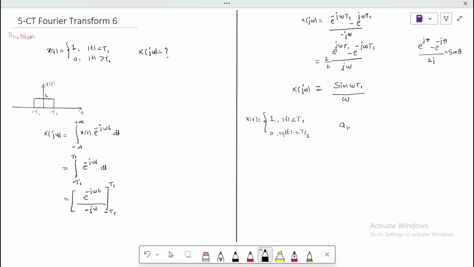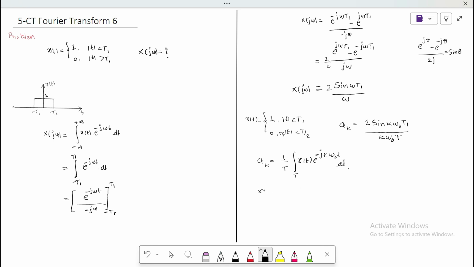For that, we got ak equal to 2 sine k omega naught t1 by k omega naught T. So the ak formula and the Fourier transform formula: x of t into e power minus j k omega naught t dt.